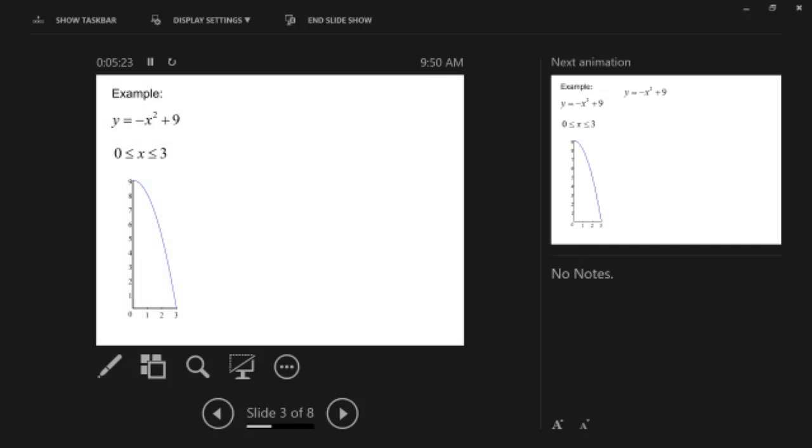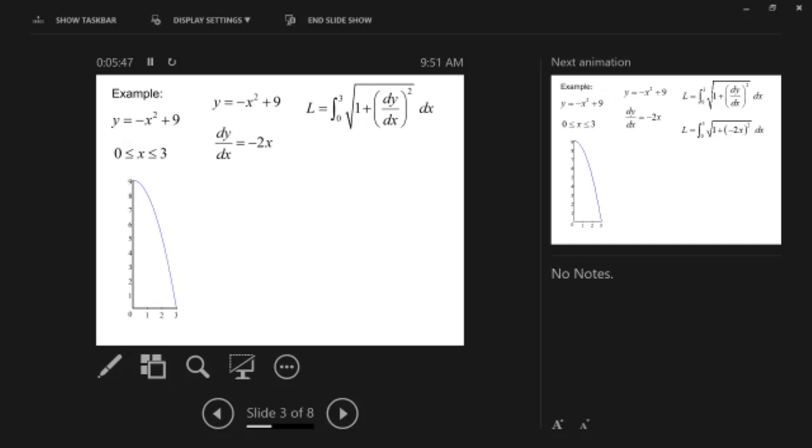The length of the curve. So the derivative of the function would be a negative 2x. We're not doing the whole derivation now. We're just using the algorithm.